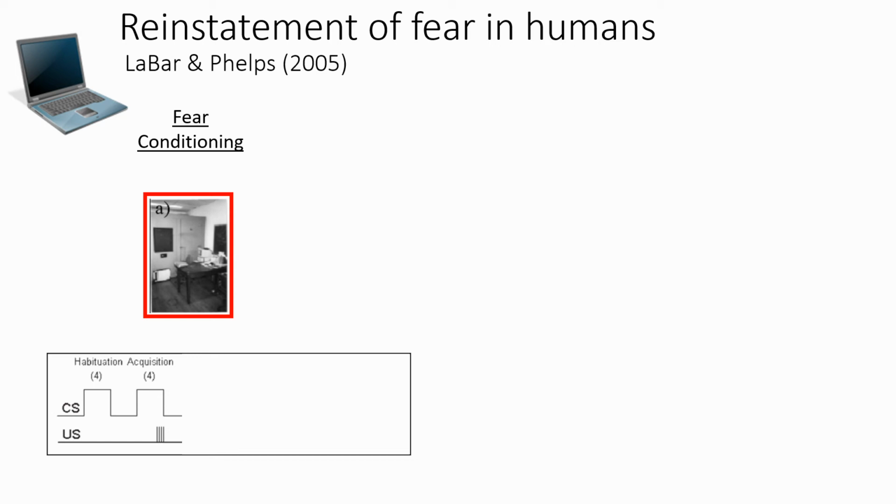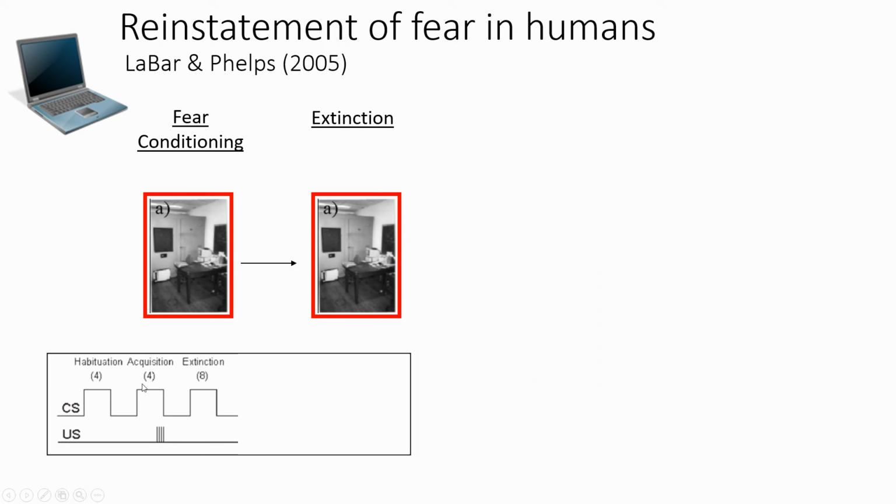And what they're going to measure here is skin conductance. Basically, when you have a fear response, you tend to sweat just a little bit. So the conductivity of your skin gets higher, so we can measure when you're having a fear response. Okay, so that acquisition or fear conditioning phase all happened in one room.